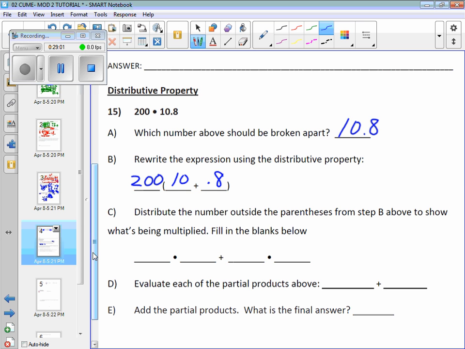The hope is to try to be able to multiply each of these numbers in your head, sort of, as we'll see. When you expand that now, that is really becoming 200 times 10 plus 200 times 0.8.